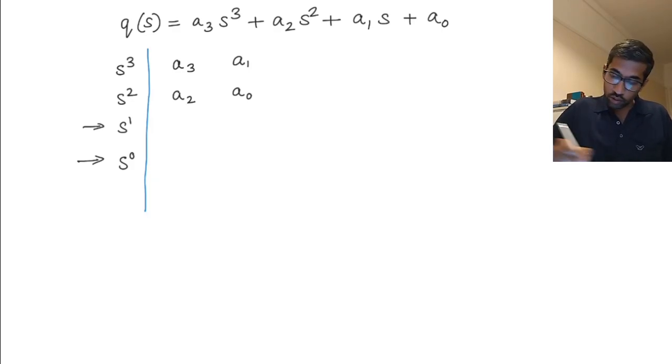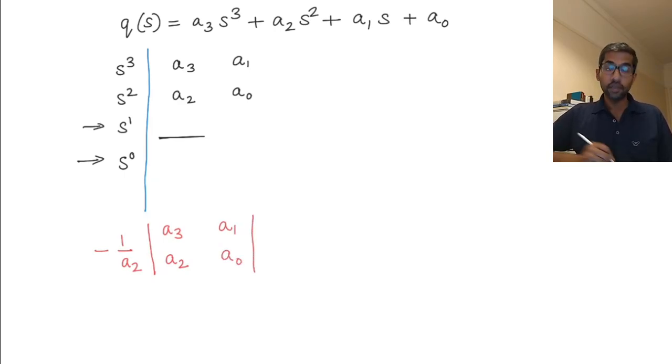Now what is going to be the value that goes here? Okay, that is going to be minus 1 over a2 times the determinant a3, a2, a1, a0, right? If we evaluate this, what would we get?